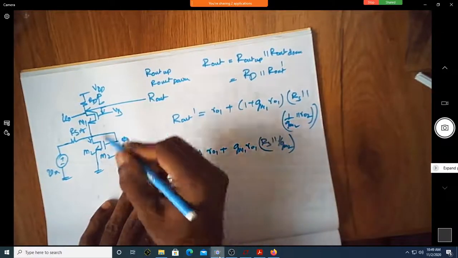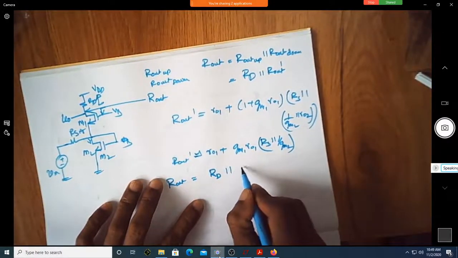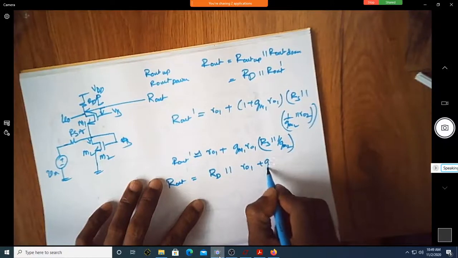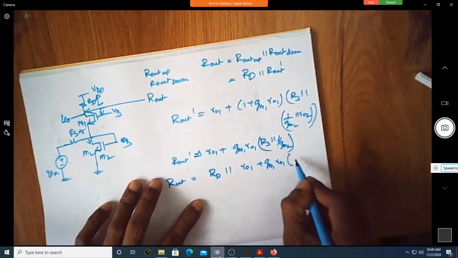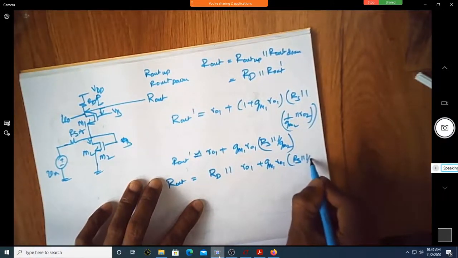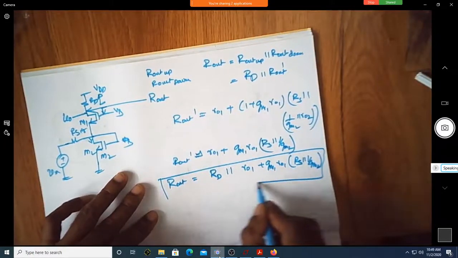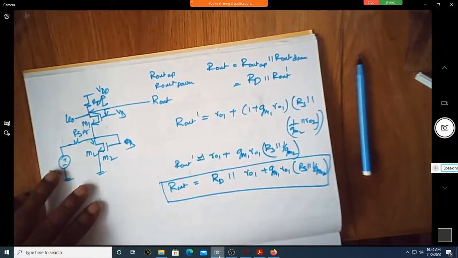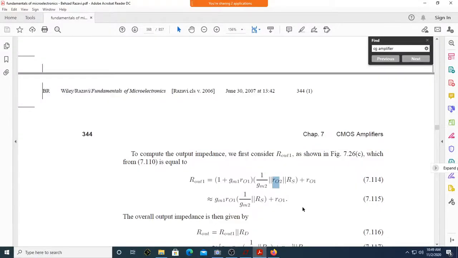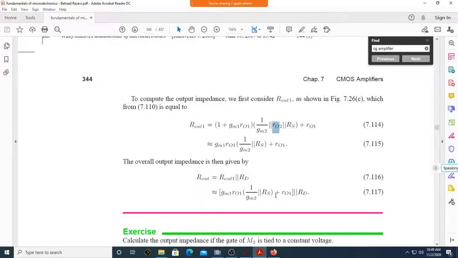It is RD, which is looking up, in parallel with R01 plus (1 plus gm1 R01) into RS in parallel with 1 over gm2. This is your R out. Fine, this is what is there. As simple as this.